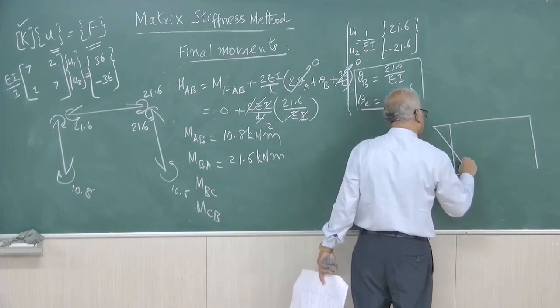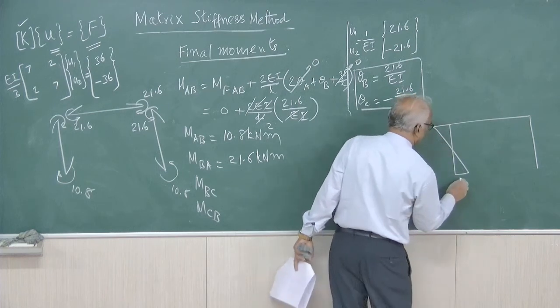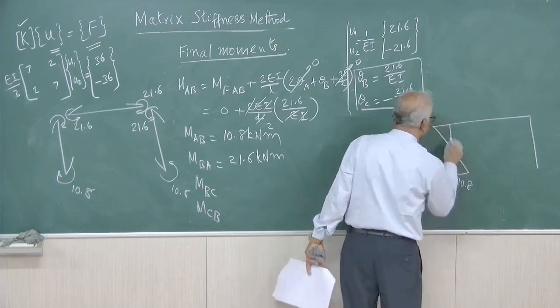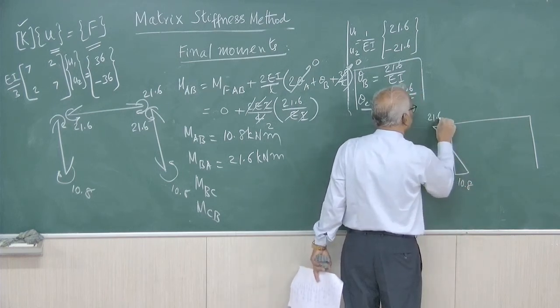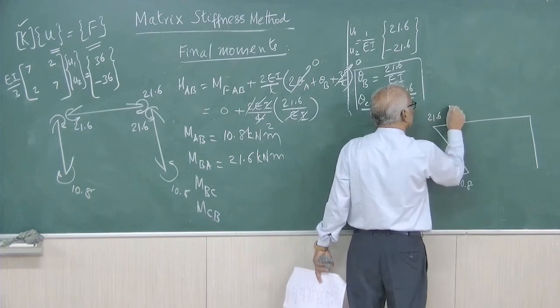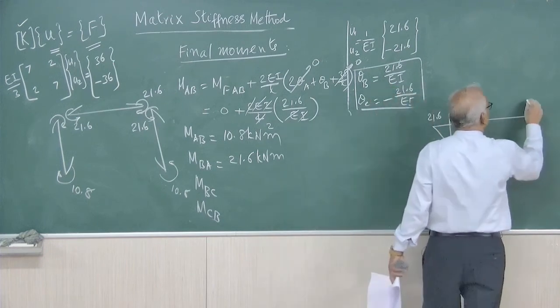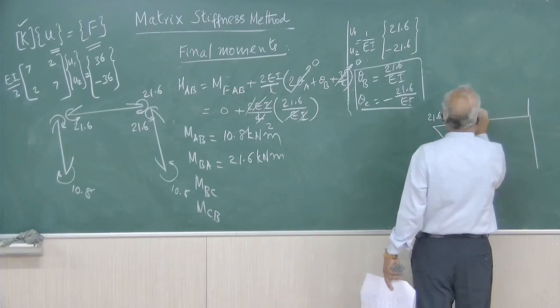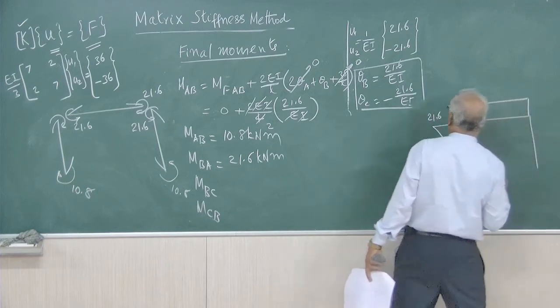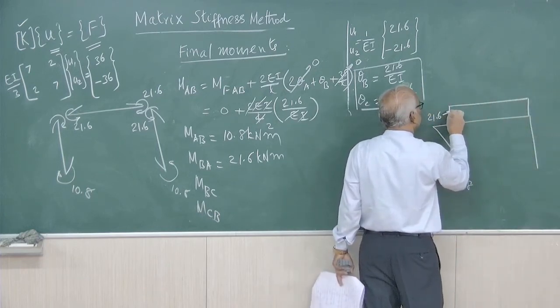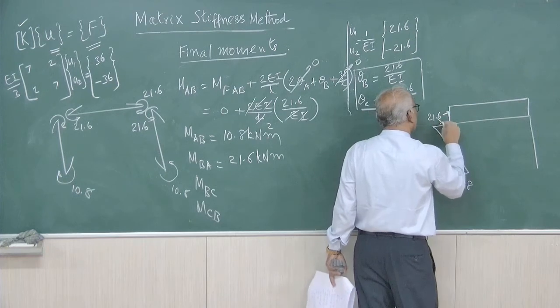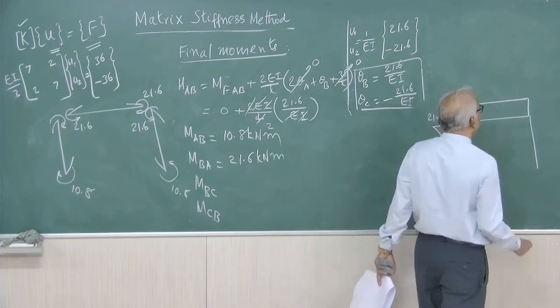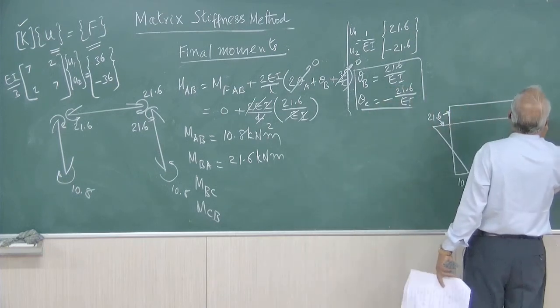So, this is the bending moment diagram for the column. This is 10.8, this is 21.6. So, here tension is at the top, and here also tension is on the top. So, this is 21.6, this is also 21.6, and here tension is on the outer side.